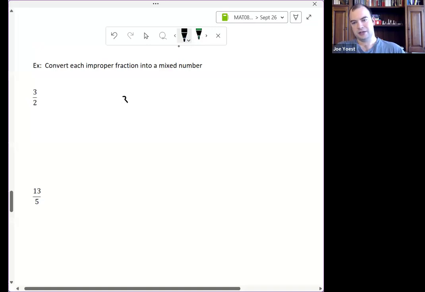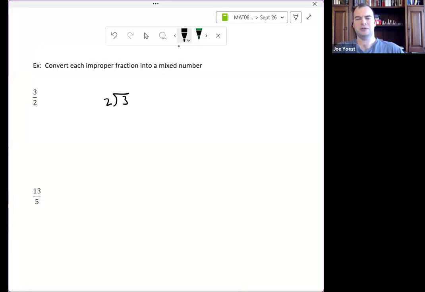Well, I note that if I do 3 divided by 2, long division isn't the best here, but I know that 2 goes into 3 once, 1 times 2 is 2, with 1 left over. In other words, 3 halves, instead of a fraction, I can think of it like it was a division problem. This same notation we use to represent division, like 18 over 3 equals 6.